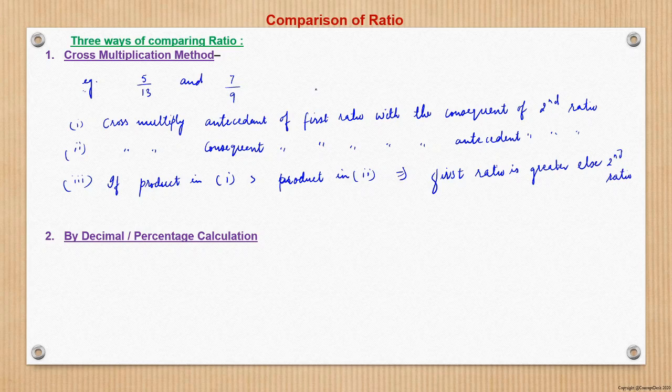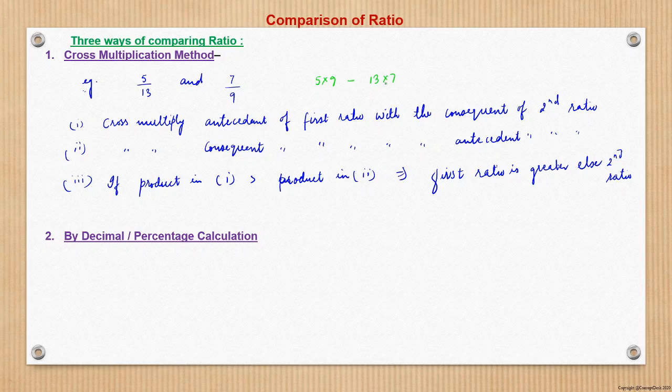So what happens here? Here it is 5 into 9 minus 13 into 7, right? We multiply 5 into 9, the antecedent of the first ratio into the consequent of the second ratio, and then we multiply the consequent of the first ratio with the antecedent of the second ratio, 13 into 7.